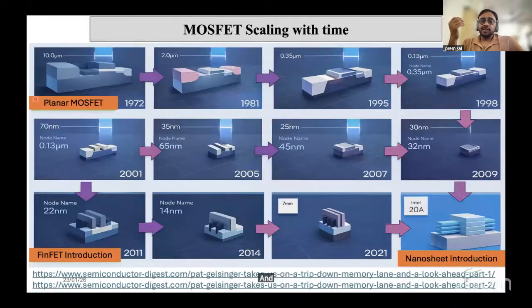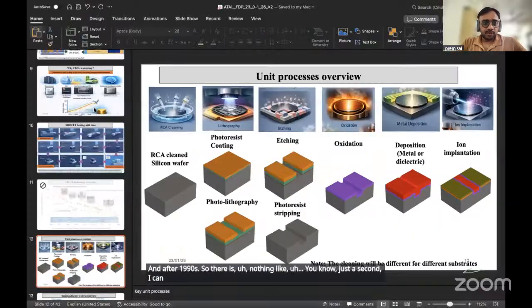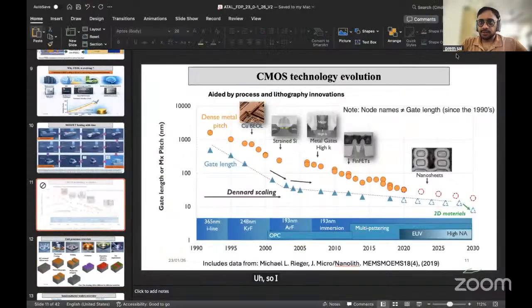After the 1990s, let me show one slide. I think I hid this. If you see here, process and lithography innovation push this, as I was showing in lithography.